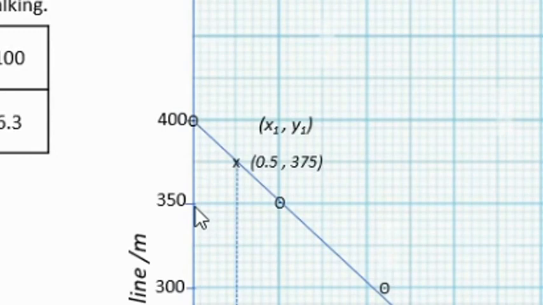On this y-axis, we have 50 meters divided into 10 parts. Smallest division represents 5 meters. So this line represents 375. That's our y1 coordinate.